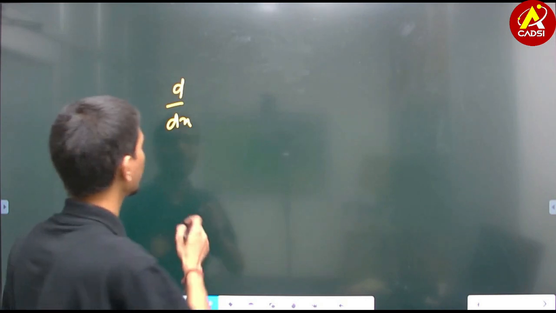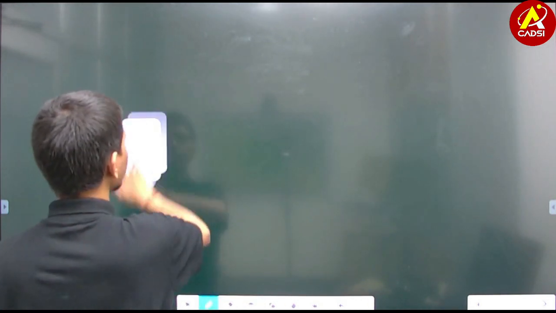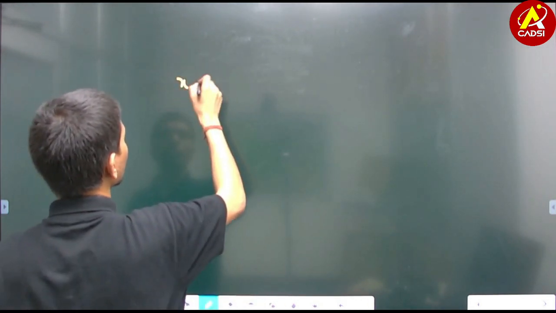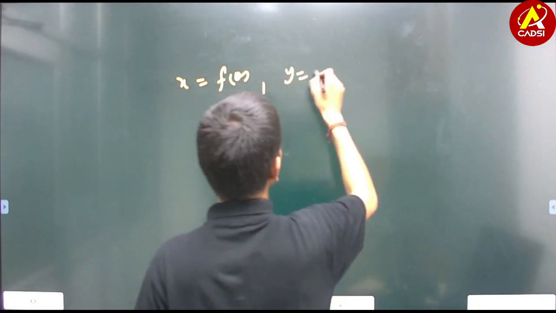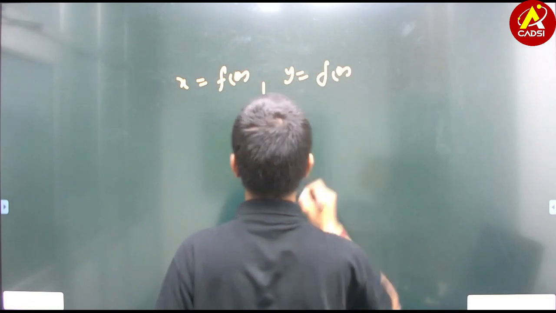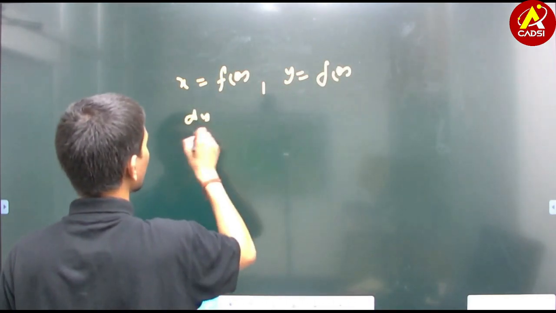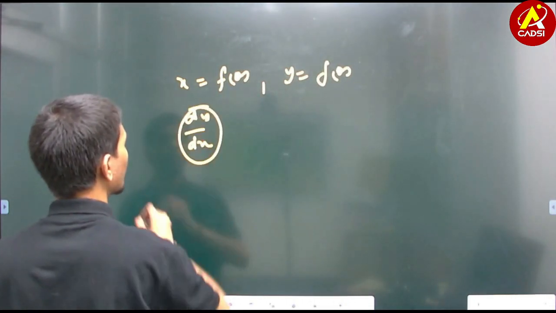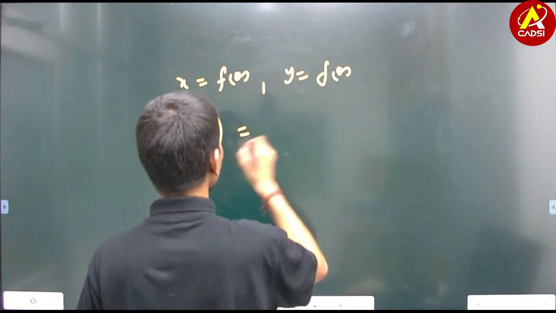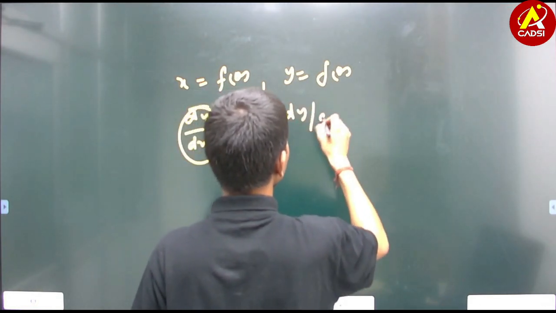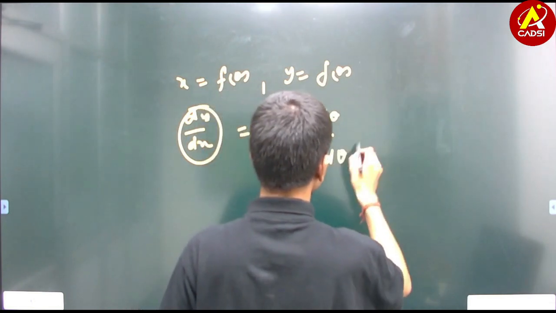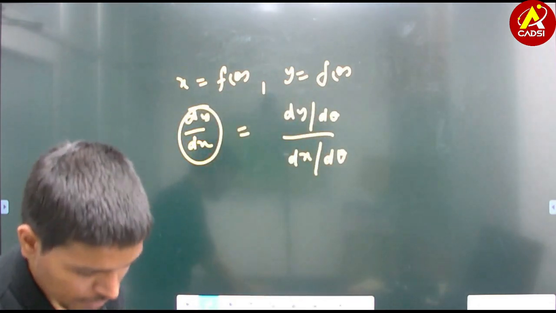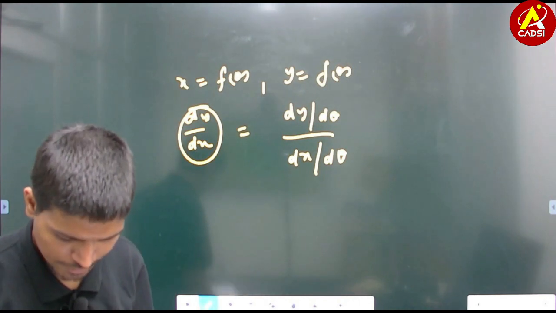Parametric means that x equals f of theta, y equals f of theta. So then you have to find dy upon dx. How can you calculate? dy upon dx is nothing but dy upon d theta and dx upon d theta. Suppose that we are taking some questions on it.